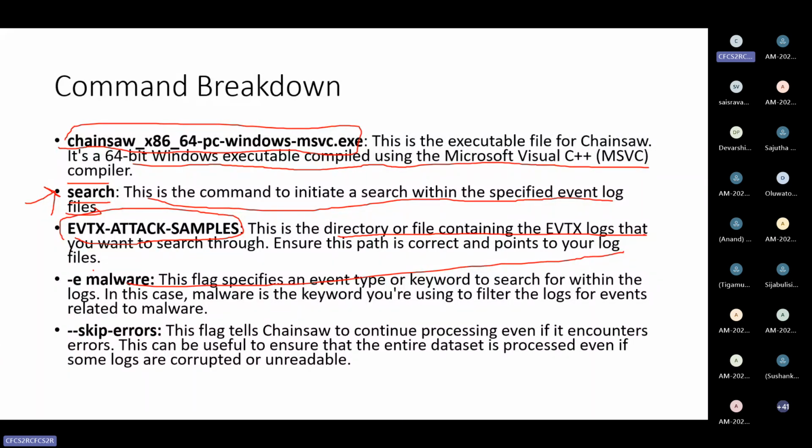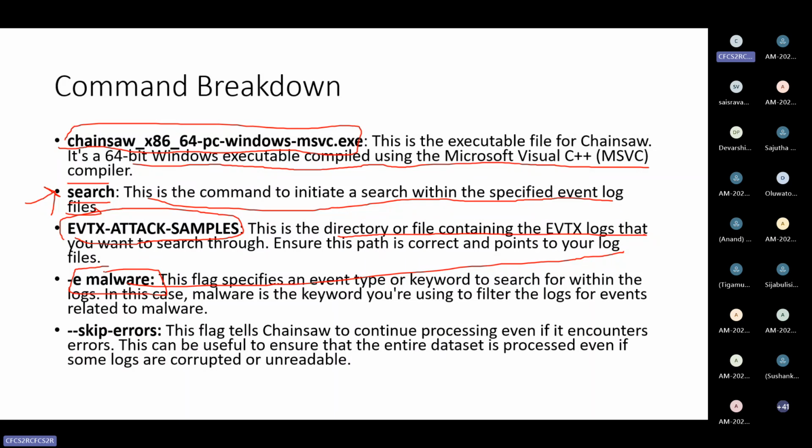Then there's an option, -e malware, we have used. So what exactly does this mean? This flag specifies an event type or keyword to search for within the logs. In this case, malware is the keyword you are using to filter the logs for events related to malware. So basically -e is used for the keyword, and here we have used the keyword malware.